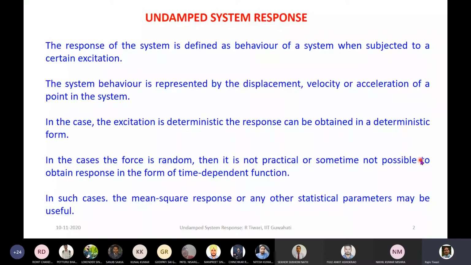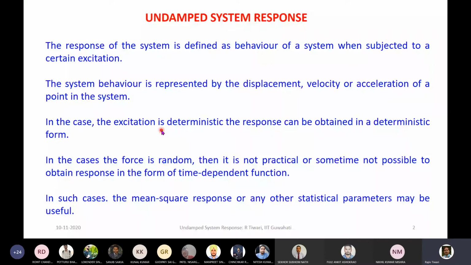Here again, we will be talking about excitation in a more general way initially. We can have a deterministic response for deterministic force. When we have deterministic excitation, that means we know the variation of the excitation, the force function, a priori; how this excitation is changing with time is there in functional form or whatever form.